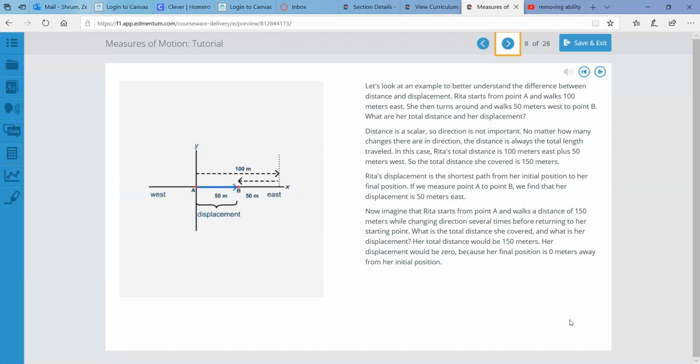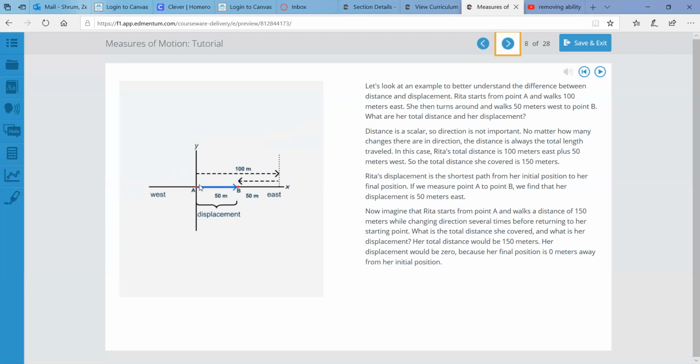And then it says, imagine Rita starts from point A and walks a distance of 150 meters while changing direction several times before returning to her starting point. What is the total distance she covered, and what is her displacement? Her total distance would be 150 meters, and her displacement would be 0 because her final position is 0 meters away from her initial position.